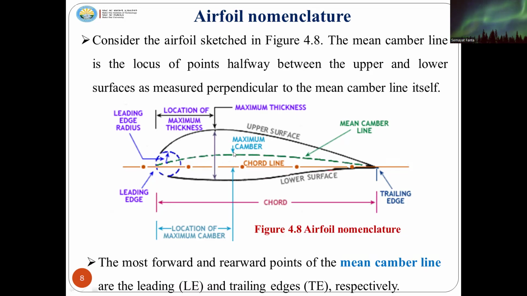That is the camber line. Because this is a cambered aerofoil, it has a camber line, okay? And the camber has a maximum at some point. So the location of maximum camber is somewhere in between there.